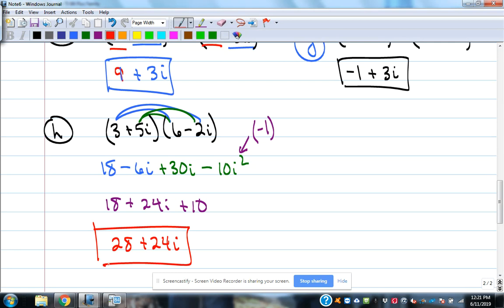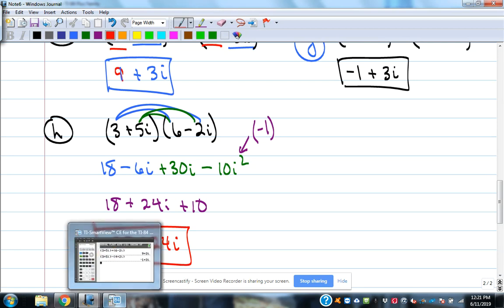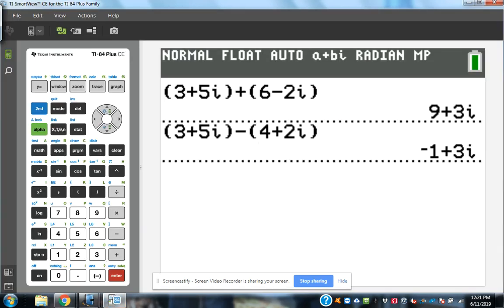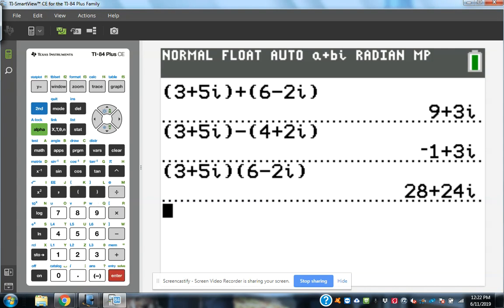All of that is what's got to happen if you multiply. A lot more to it than adding and subtracting was. So if I'm going to do that with the calculator, I'm just going to put in parentheses 3 plus 5i. Then open up another set of parentheses, and it was 6 minus 2i. And it does all that stuff in the background.